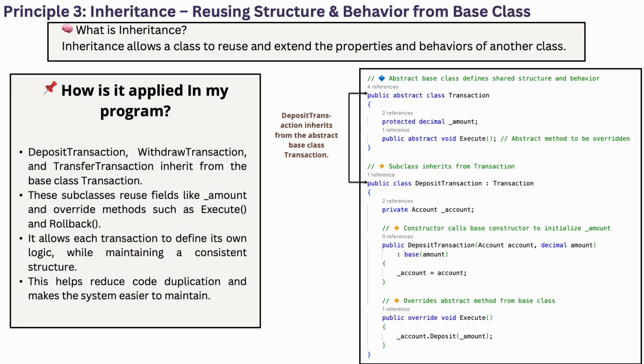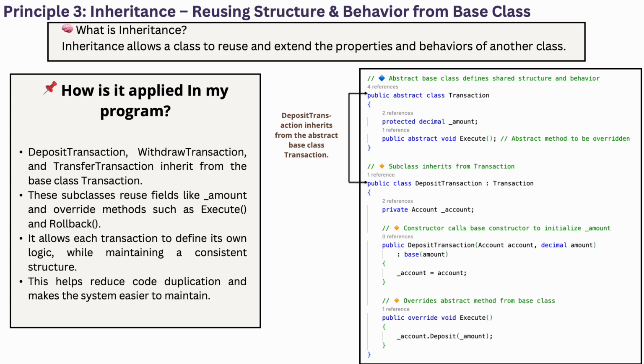Inheritance allows us to create a new class that reuses the structure and behavior defined in an existing class. In my program, I implemented this principle by creating a base class named transaction. This class includes common fields such as amount and it defines abstract methods like execute and rollback, which every transaction type is expected to implement. After that, I developed three specific subclasses: deposit transaction, withdraw transaction, and transfer transaction.